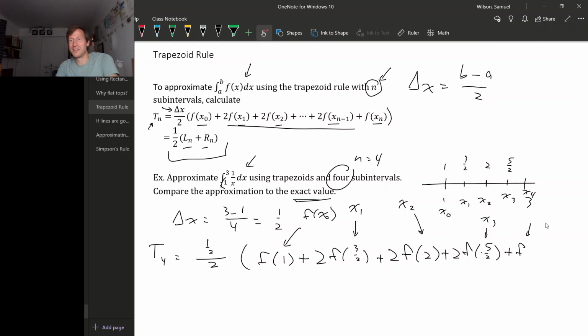So f of x sub 4, and x sub 4 is 3. Okay, so 1/2 divided by 2 is 1/4.